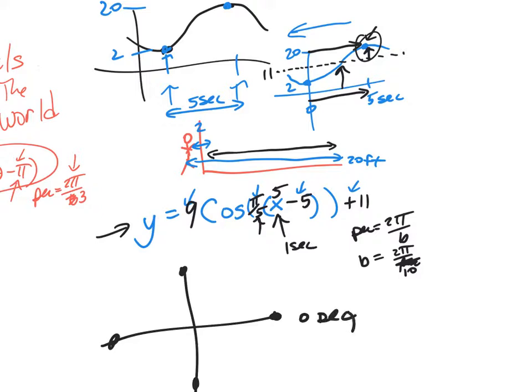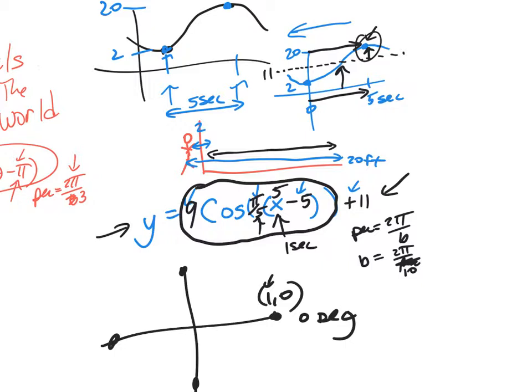This spot on the unit circle was at (1, 0), and cosine is the x, so it's 1. And so then this becomes 9 times cosine of all that. Cosine of 0 is 1, so 9 times 1 is 9. 9 plus 11 gives you the 20, and that's where we knew he would be at 5 seconds: 20 feet away from you.